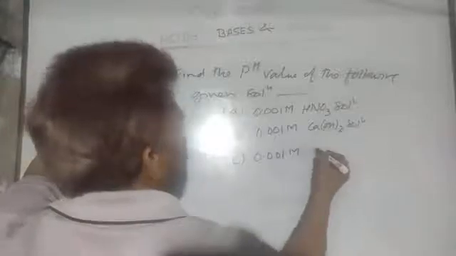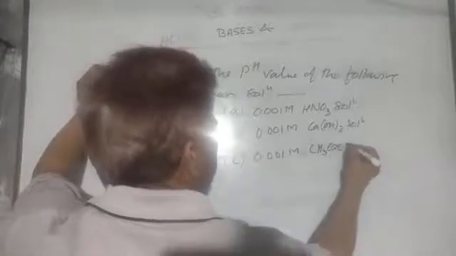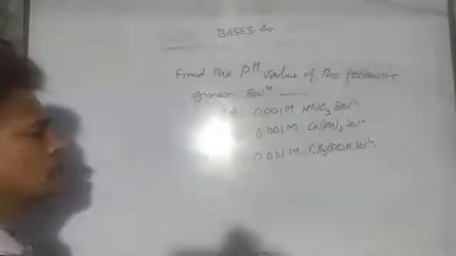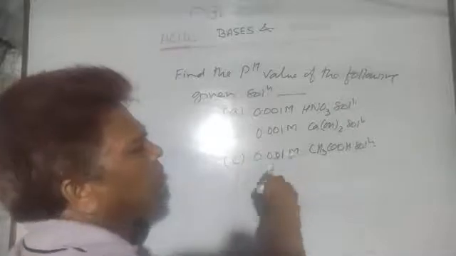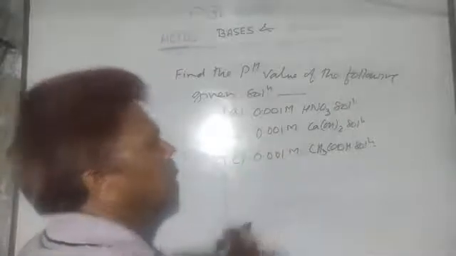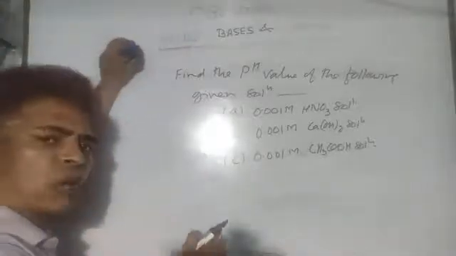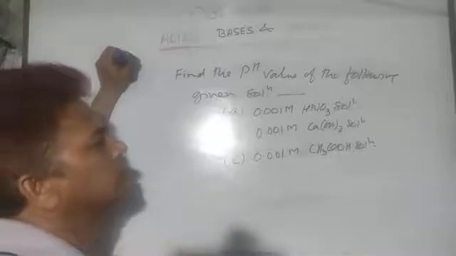C, 0.001 molar acetic acid solution. Likewise you can write some numerical problems. It is homework for you. Try to solve. If you are not able to solve, then again you ask, then I'll discuss that once.